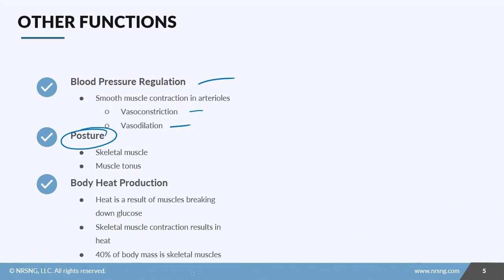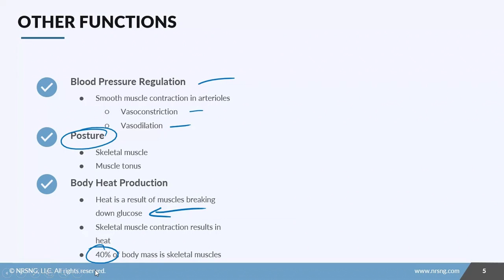The other thing that muscles do is they're responsible for body heat production. When muscles break down glucose, a result of that is heat given off. Since 40% of our body mass is skeletal muscle, as we contract throughout the day, we generate heat.